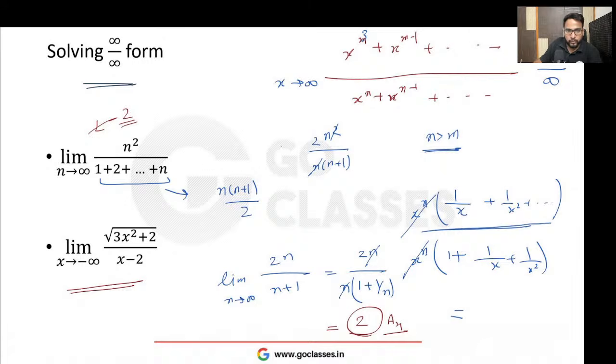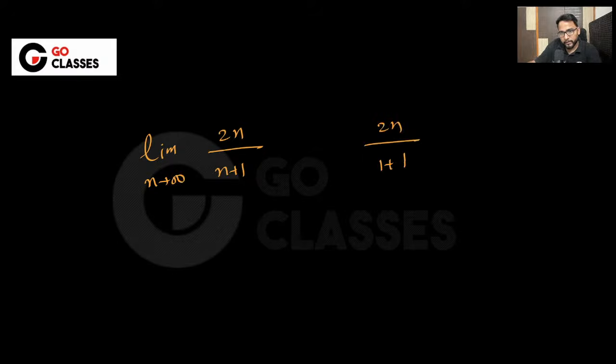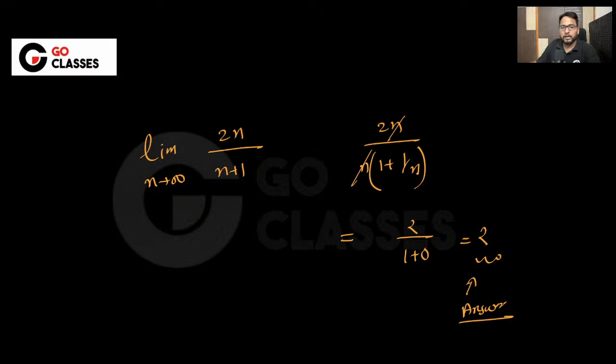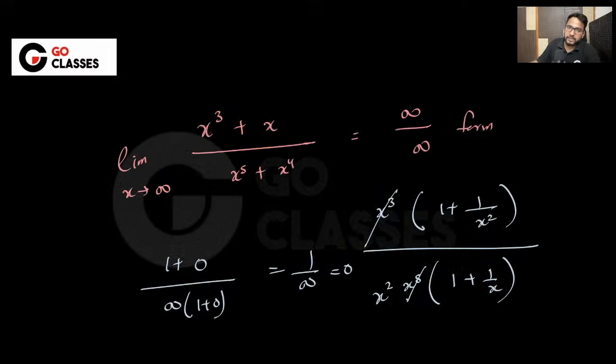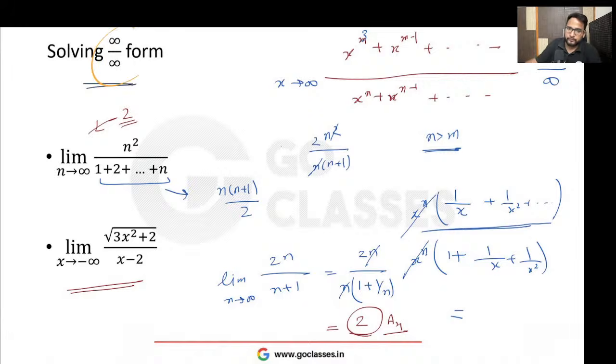Okay, so let's suppose it is 2n upon n plus 1, limit n tends to infinity. You take this n common, this will be 2n upon 1 plus 1 by n. Okay, and then n and n will get cancelled out. It will be 2 upon 1 plus 0, which is just 2. So 2 is your answer. We will see more examples, don't worry. Okay, so the infinity upon infinity form generally arises because of the polynomial. Cool.